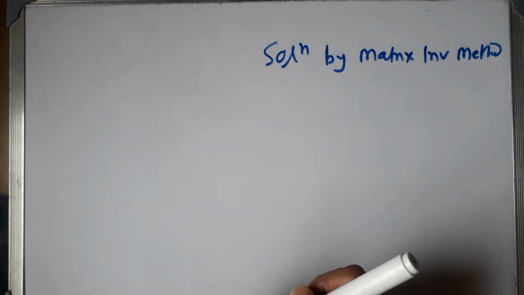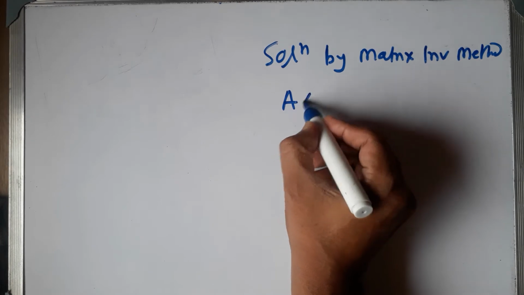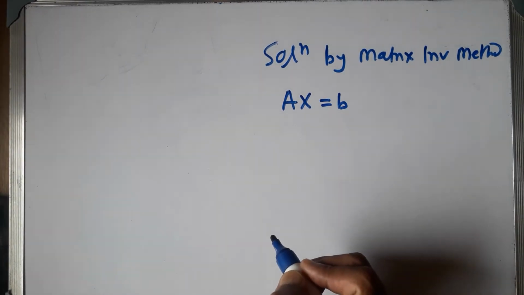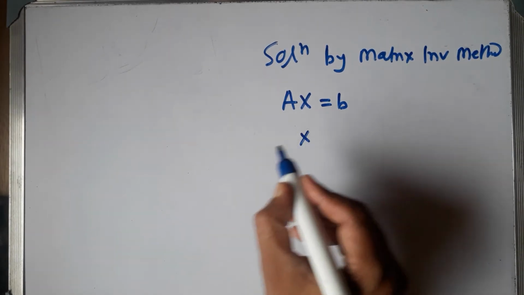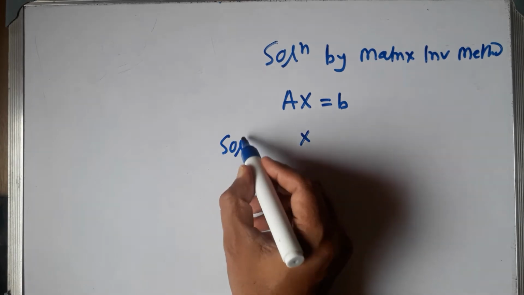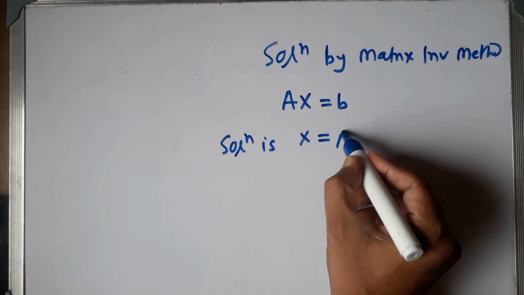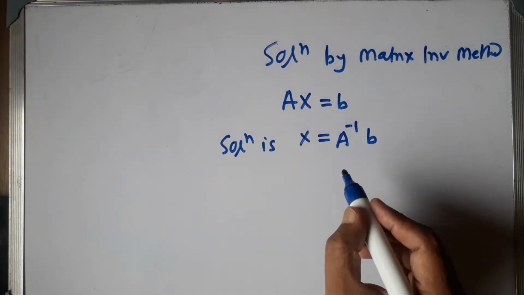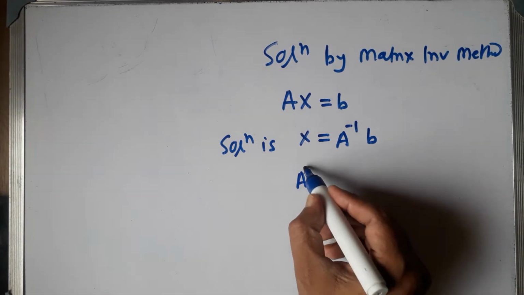First I shall arrange the system of equations in this form: AX = B. Then the solution will be X = A inverse B. We can easily calculate A inverse.